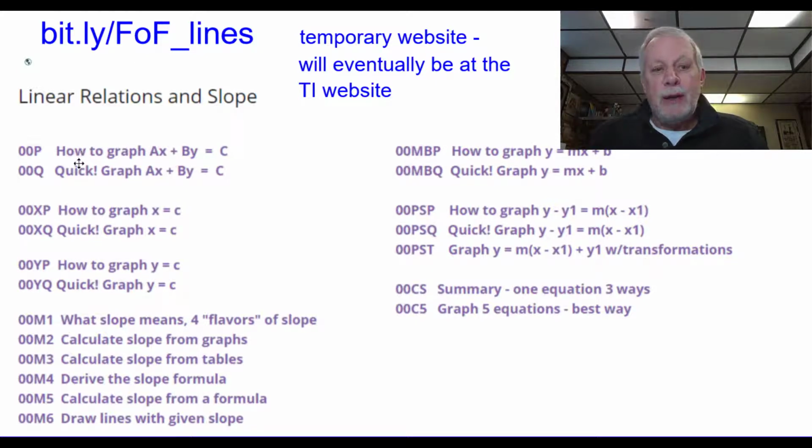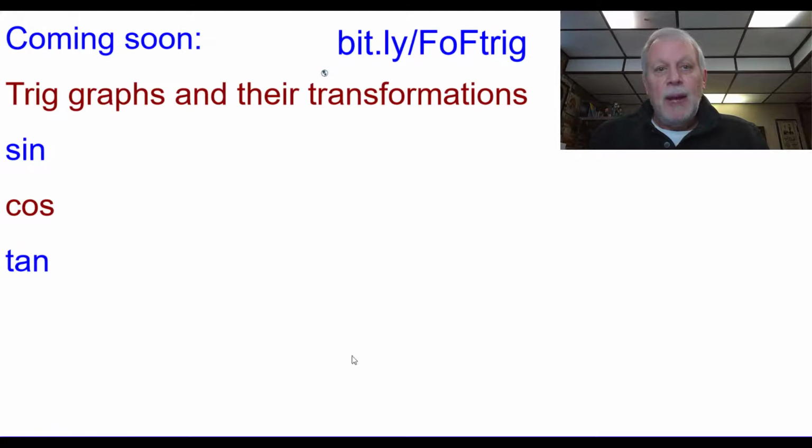Notice it shows how to graph the parent functions both in depth and then quickly. Also there are 6 videos on what does slope mean and how to calculate slope, derive the slope formula, and so on. Coming soon, we're going to have trig graphs and their transformations. Those will be temporarily at this website right here.